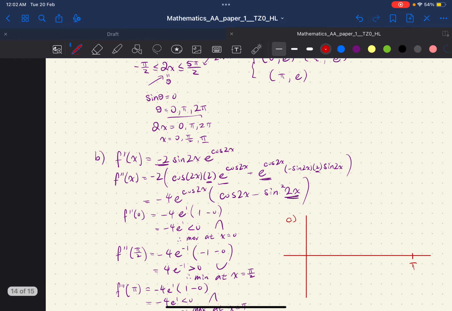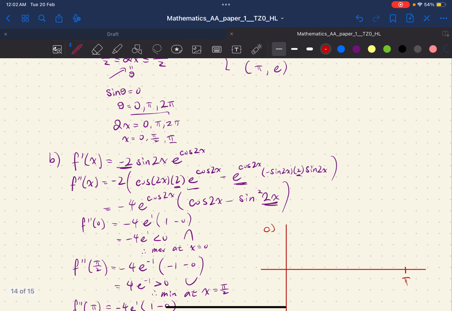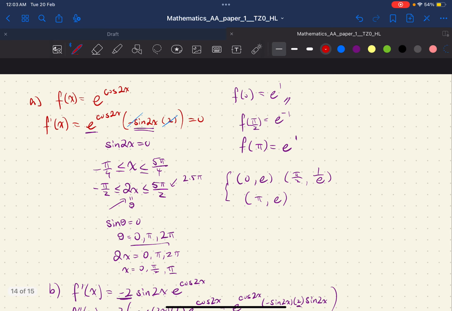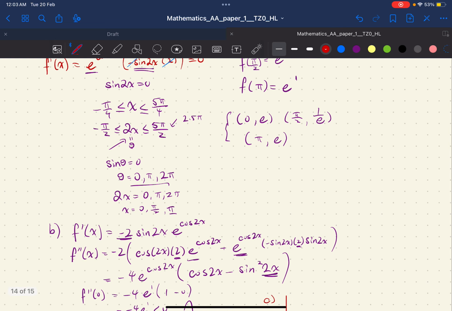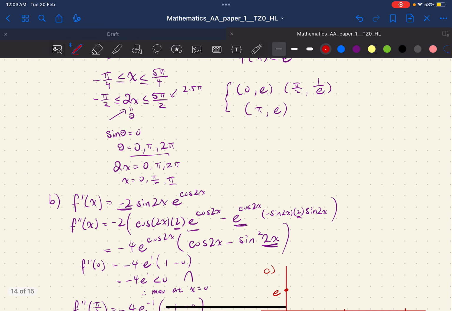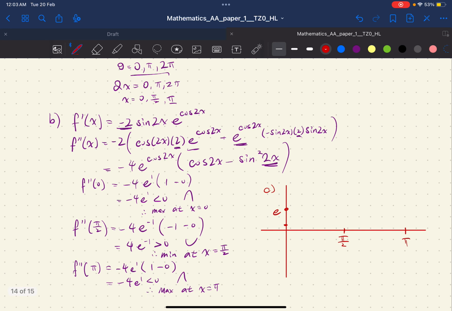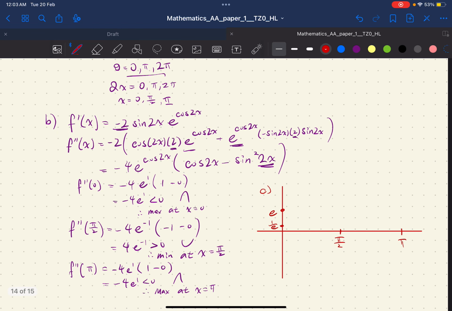We have a max at 0, and the coordinate there is e. Then the next one would be at pi over 2. This will be the min, which is 1 over e, a little bit smaller but still positive. And then at the end, you're back to e.